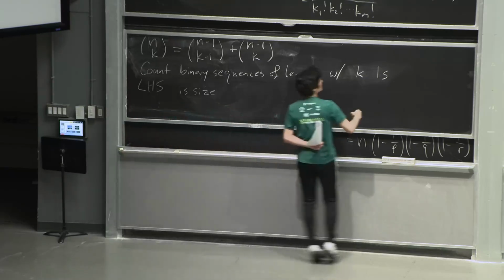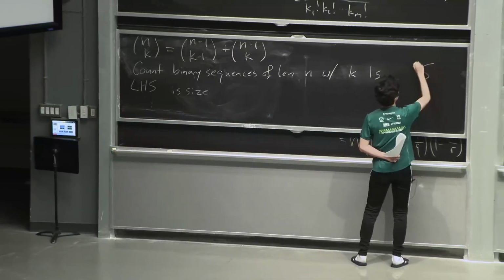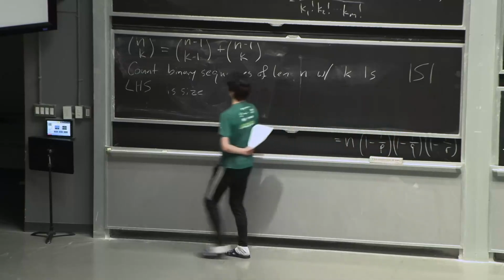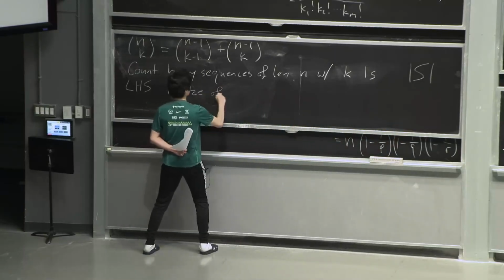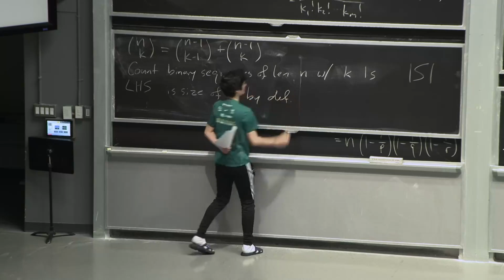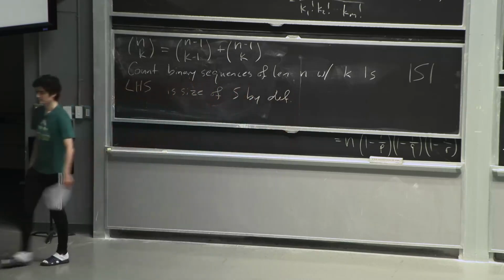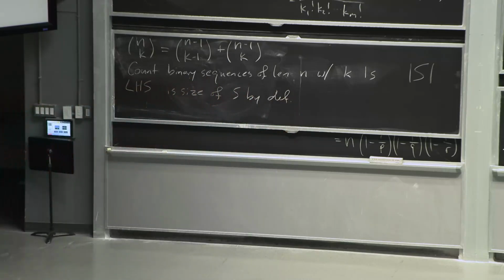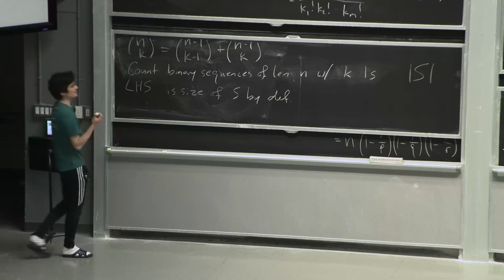So let's call this set S. How could we also make S equal to the right-hand side?